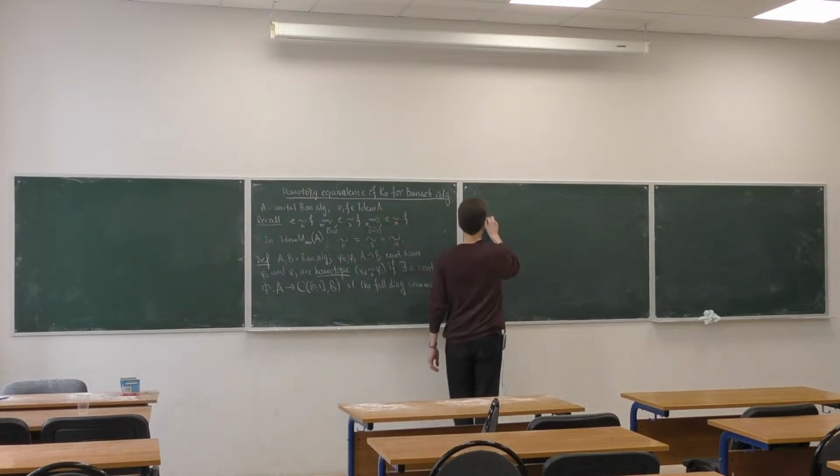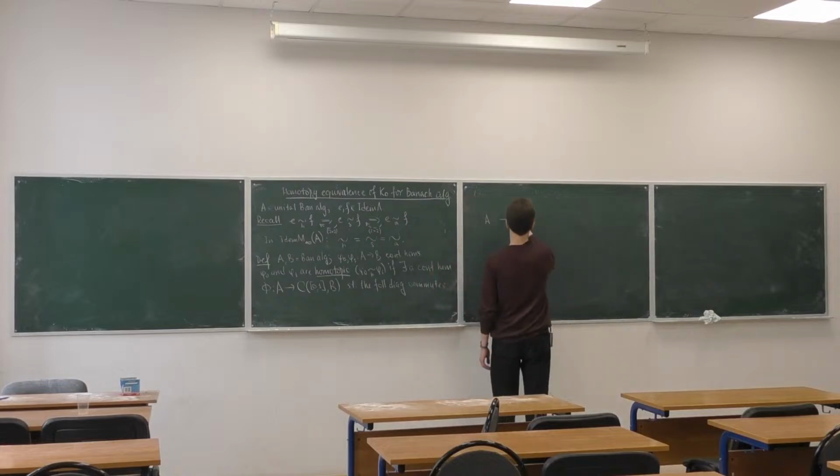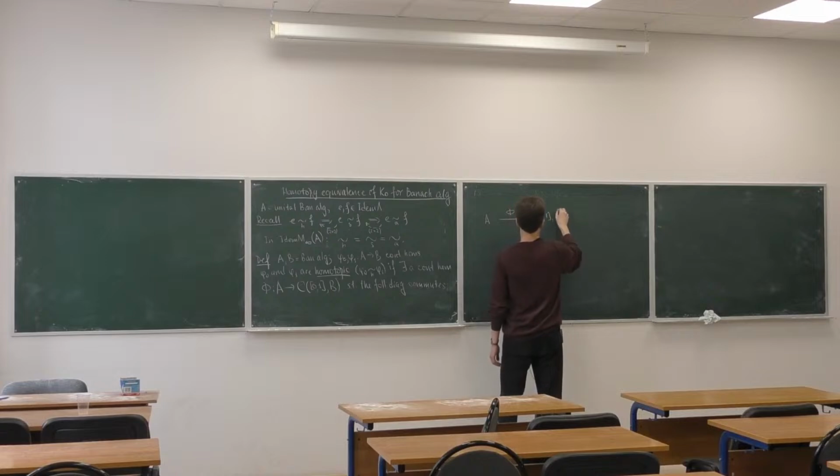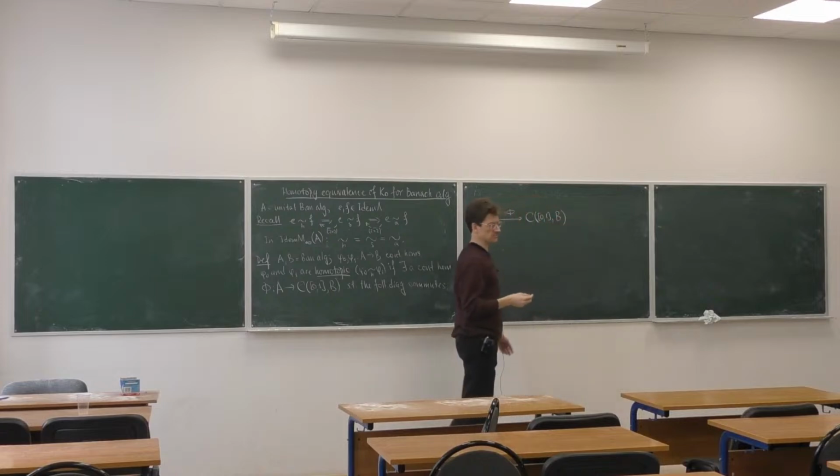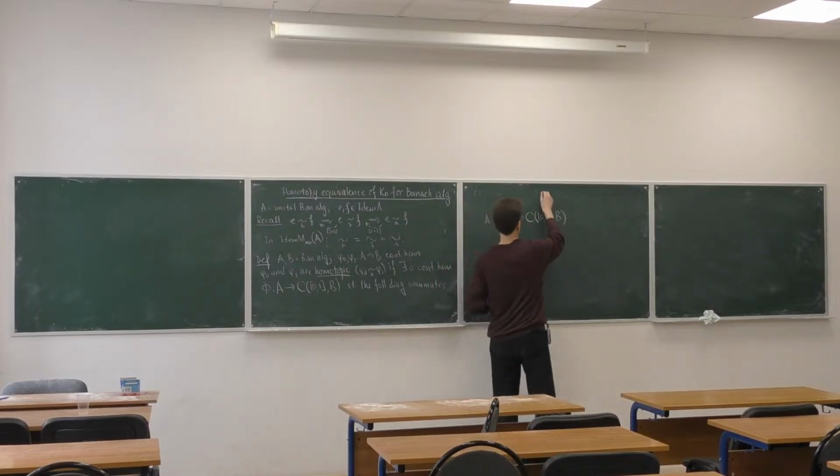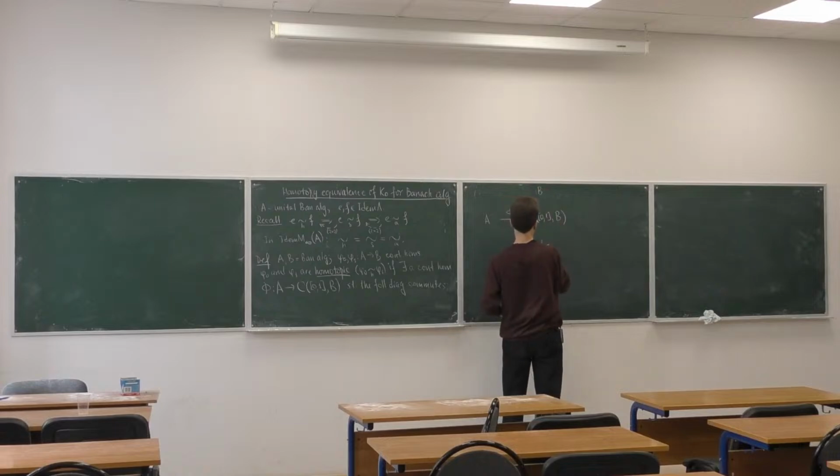Here we have our map big phi, and we have two evaluation maps from this algebra to B, namely the evaluation at 0 and the evaluation at 1.